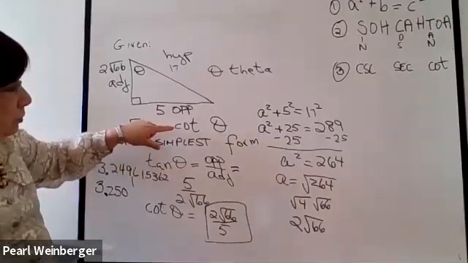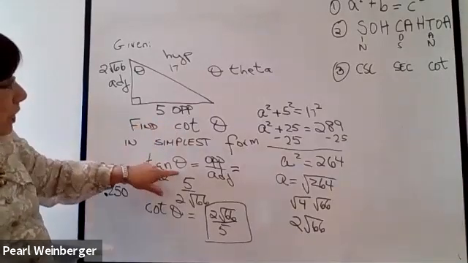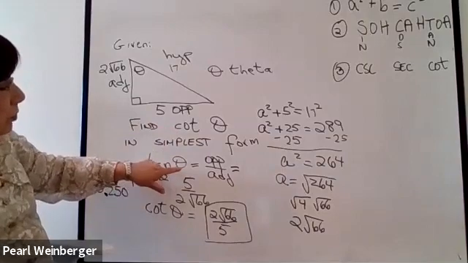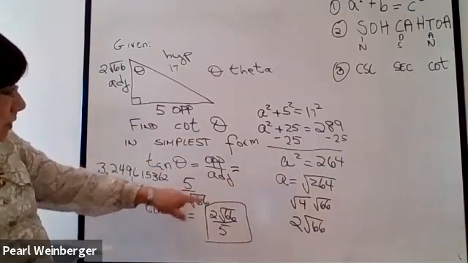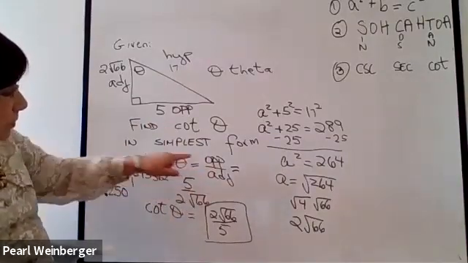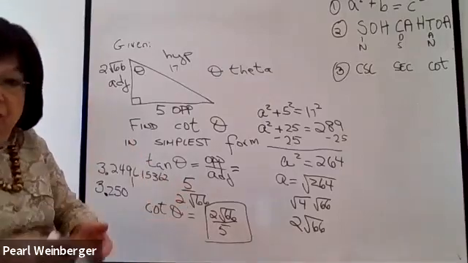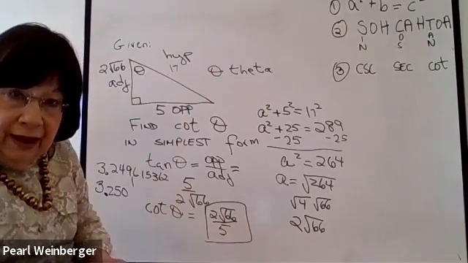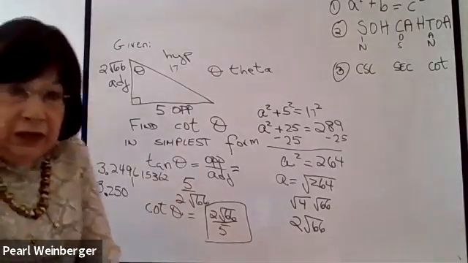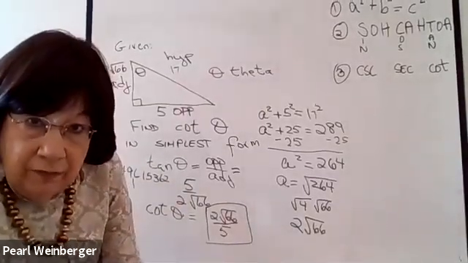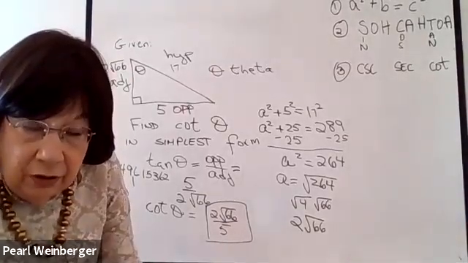Since I asked you for cotangent, I went to tangent, because if I get the tangent, which I got as 5 over 2 radical 66, all I have to do is flip it over and it will give me the cotangent. Is that clearer now?